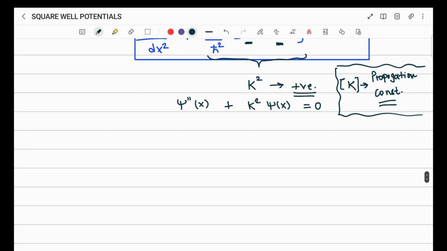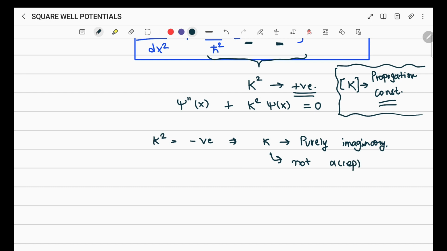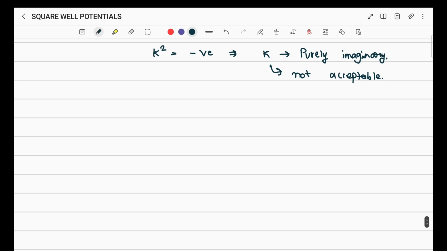If k square would have been negative, then it implies that k will be purely imaginary, and that is not acceptable, because this k has a dimension of propagation constant, and you cannot take that to be imaginary. Your propagation constant needs to be a real thing.